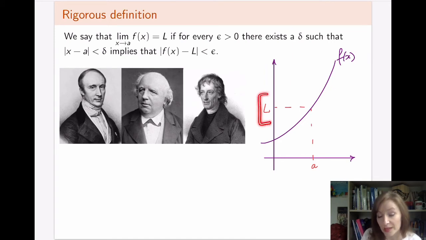You can tell me how close you want to be to L, and I will tell you where you have to start on the x-axis to be able to get that close to L. Okay? That's all this very complicated looking and very notation heavy definition is saying.